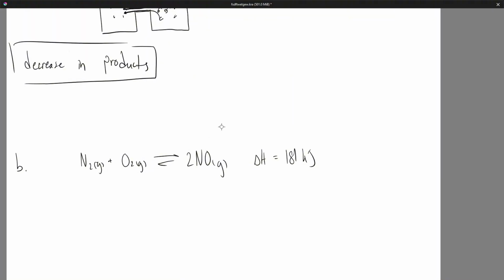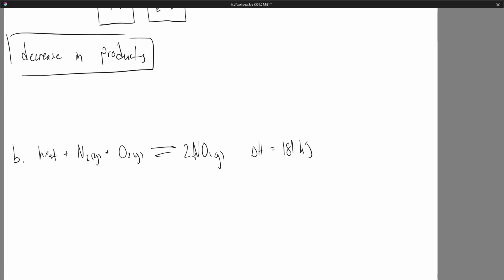And for B, it's the opposite, where now it's an endothermic reaction. We have heat as a reactant.